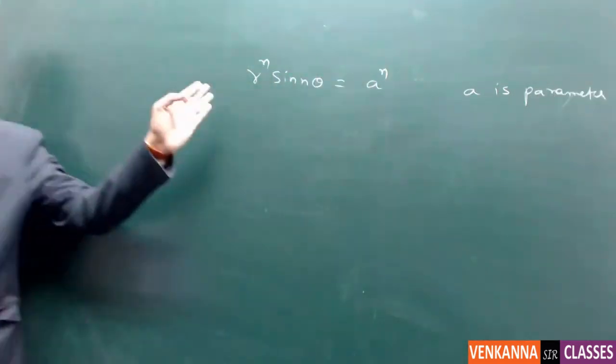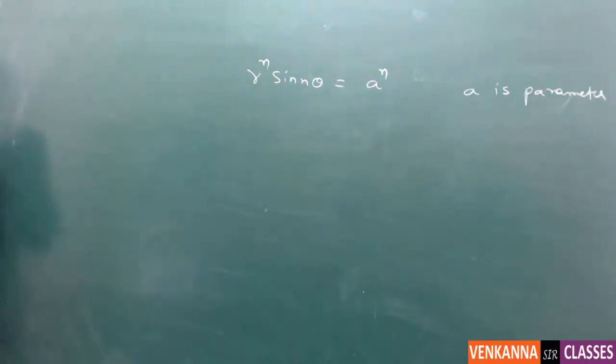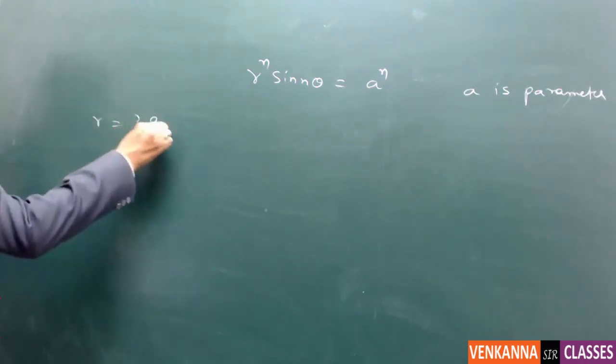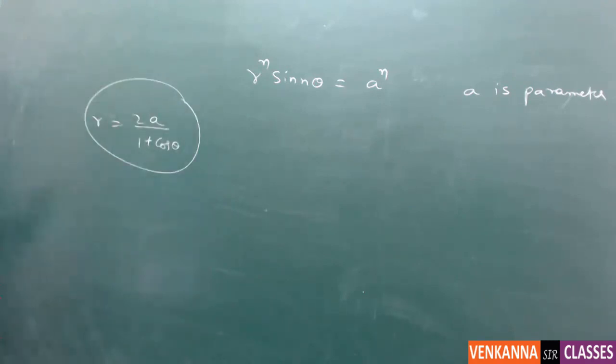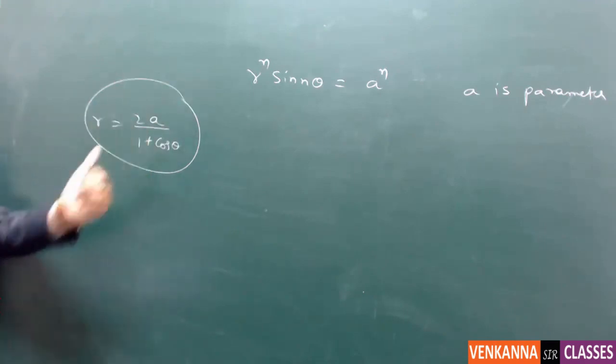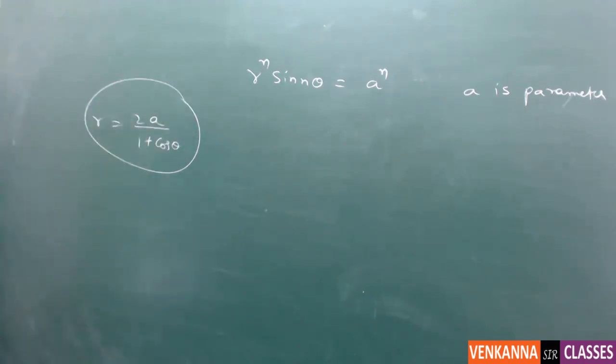We can expect this model will be asked frequently in exams, and the previous one too. The question r is equal to 2a by (1 plus cos theta) was asked earlier under orthogonal trajectories. So if polar coordinate problems are given for orthogonal trajectories, this one and the previous one we have discussed are usually important. Okay. So let us solve that problem.